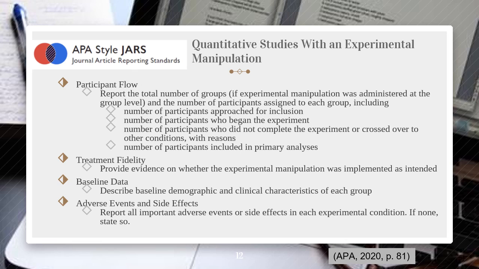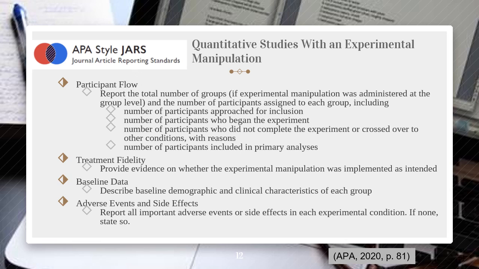In your setup, you'll also provide information of the treatment fidelity. Was the experimental manipulation implemented as intended? Was there carryover or contamination effects across conditions? So were control teachers starting to use some of the things that the experimental teachers were doing? You'll provide that information. Similarly, you'll provide baseline data or pretest data.